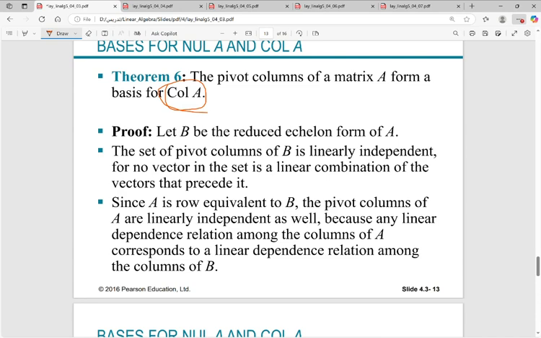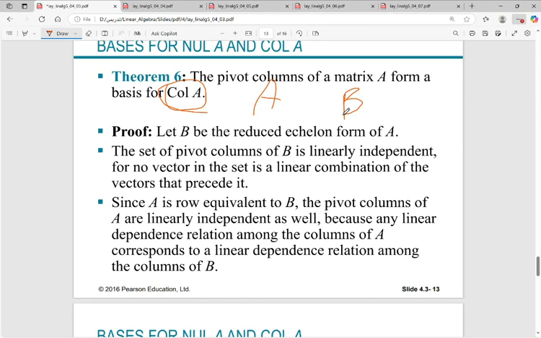What you do is that first, let's call this matrix A. First, find its echelon form. This is A. You find a matrix like B, which is the echelon form of A.